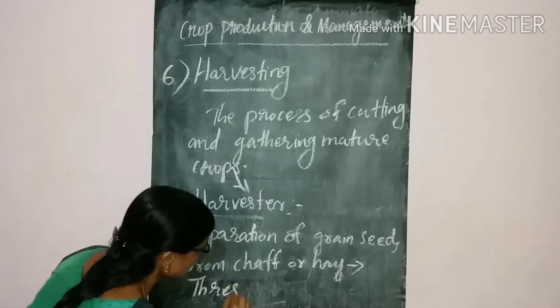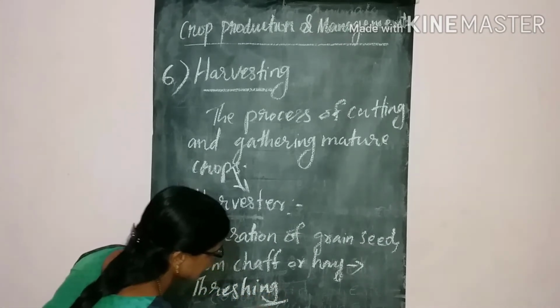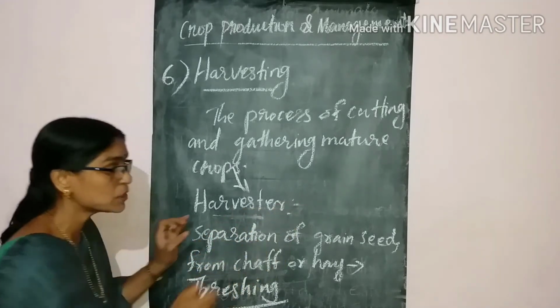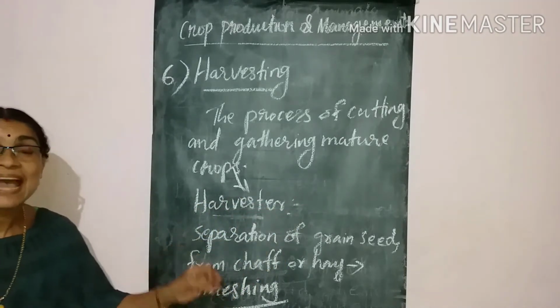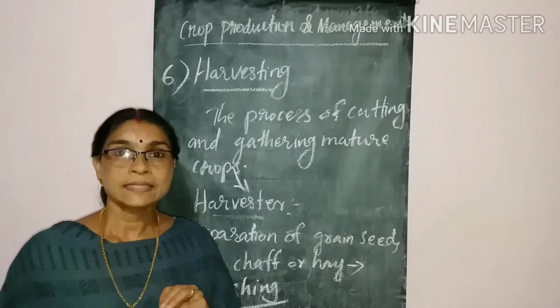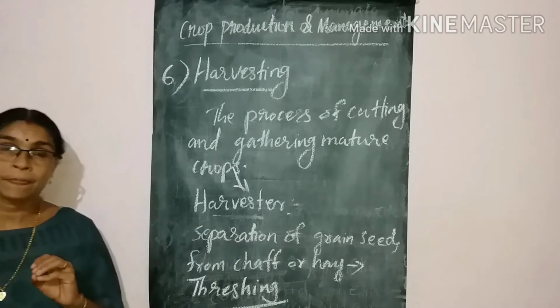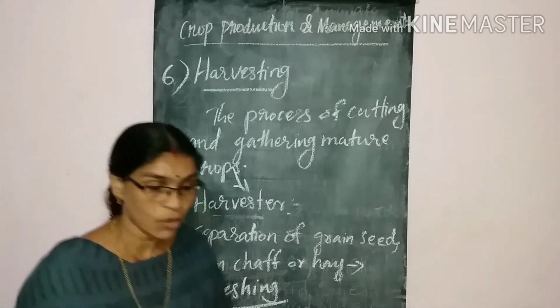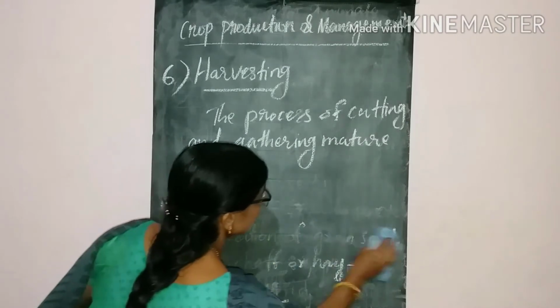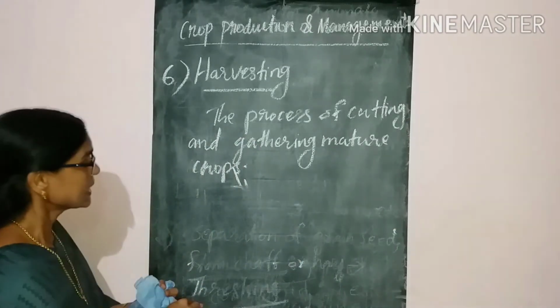What is threshing? Separation of grain seeds from the chaff is called threshing. Nowadays, threshing is done by using a machine called a combine.